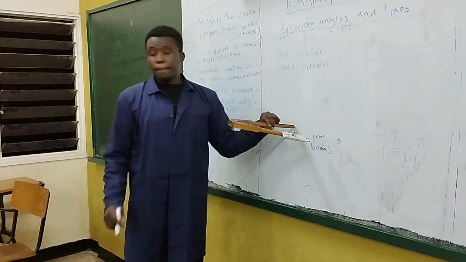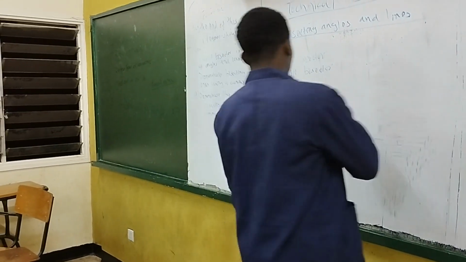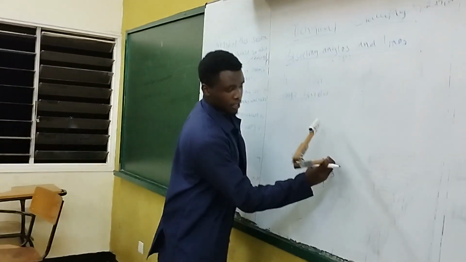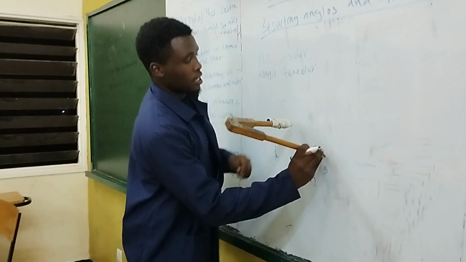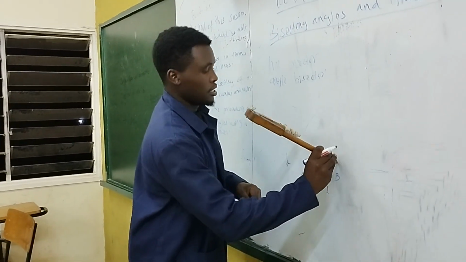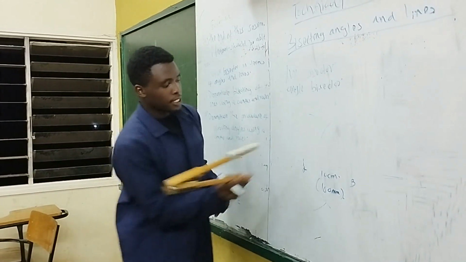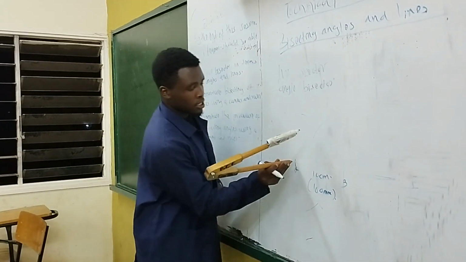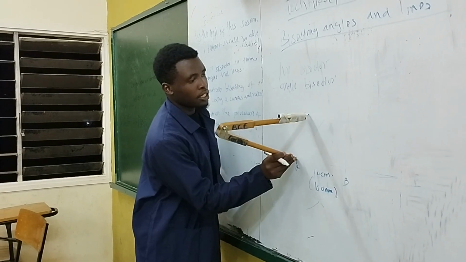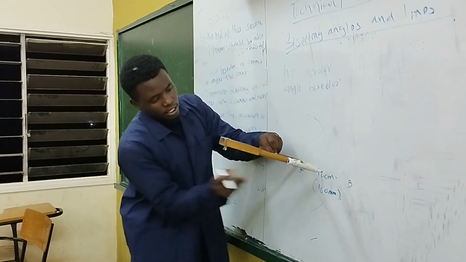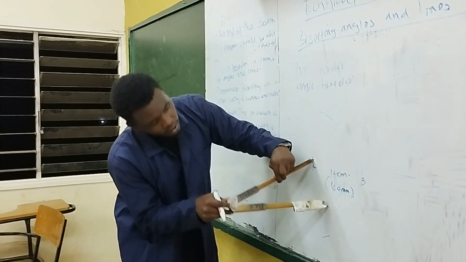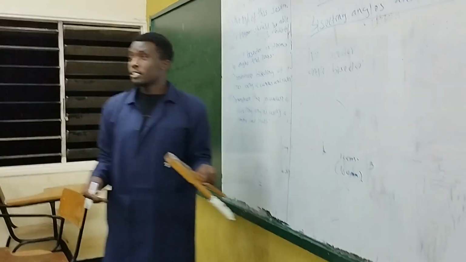Come to point B, make an arc above, make an arc below. If they are not intersecting, using the same distance, come to your starting point A, elongate your arcs. You can see they intersect, right?